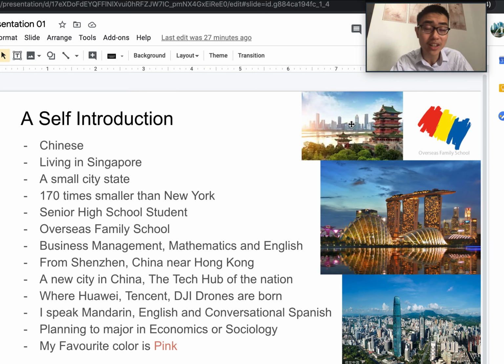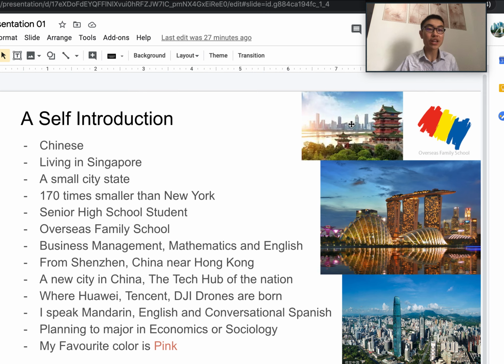If you know WeChat, which is our version of WhatsApp, like you guys in the States use, Tencent also makes games and video apps. And you might know DJI if you are a huge fan of video shooting. You might be a vlogger, you might like to shoot some landscapes, you might like doing YouTube. And DJI drones are also headquartered and made in China, and it is, I think, the most popular drone company in the world. It's the most successful one. So I'm pretty proud of DJI from my city.